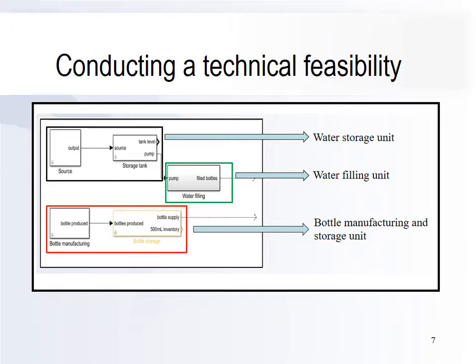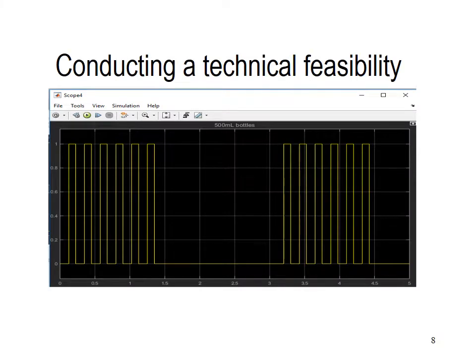Secondly, the bottle manufacturing and storing unit. And finally, the water filling unit. This gave a successful scope output showing that 500 ml bottles could be manufactured and filled within under 10 seconds.